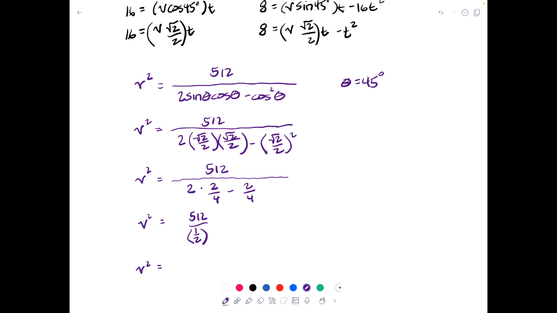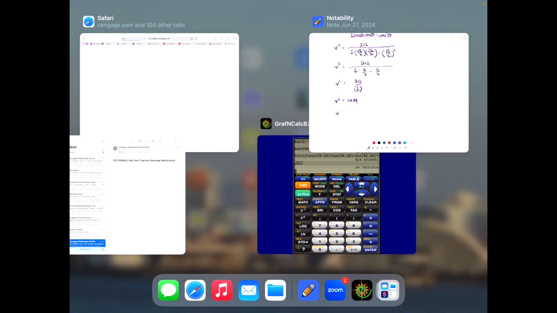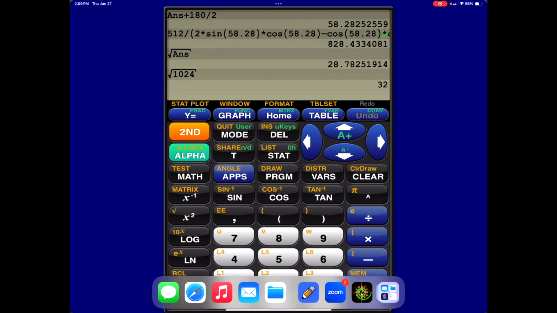The v squared is going to be 1,024. So it turns out that v, let's do that on the calculator, is 32, and that'll be 32 feet per second.